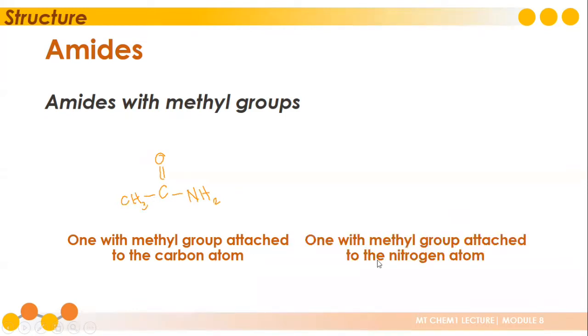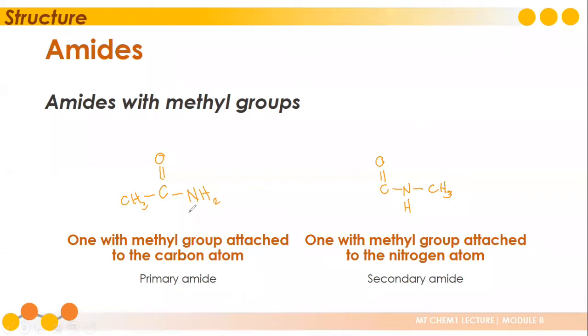And then there is also one wherein the methyl group is attached to our nitrogen atom. So we have our carbon group bonded with nitrogen. There's also a hydrogen, and then our methyl group. Now with this difference, even though they both have a methyl group, the first one is a primary amide and the second one is a secondary amide.